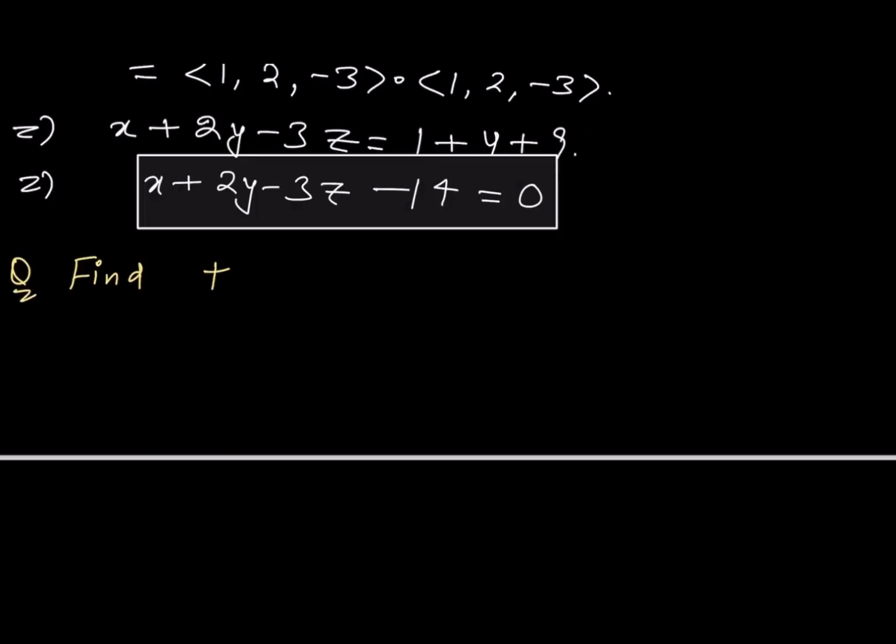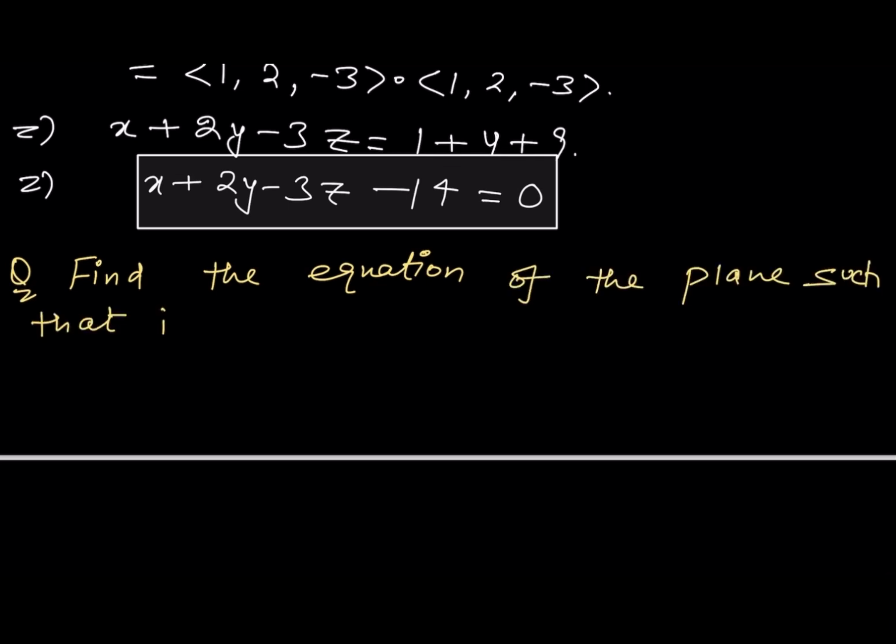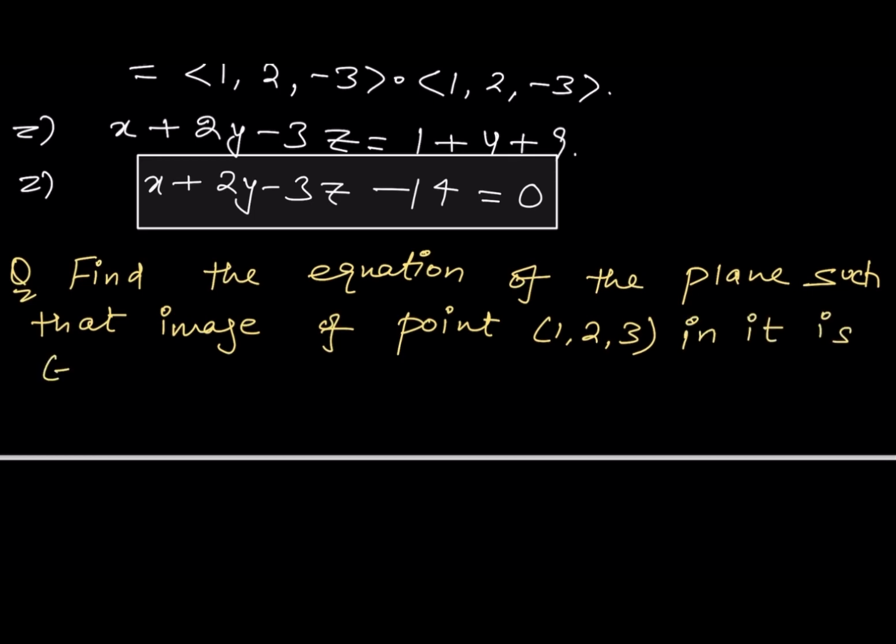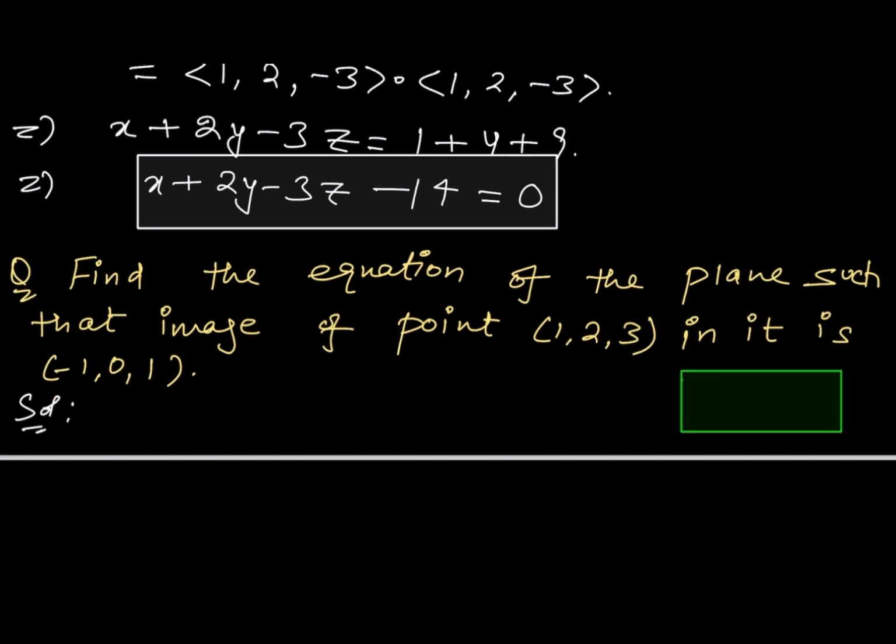Find the equation of the plane such that the image of point (1, 2, 3) in it is (minus 1, 0, 1), right? Students, see, it is a plane, and what is given to us? Image of point (1, 2, 3).